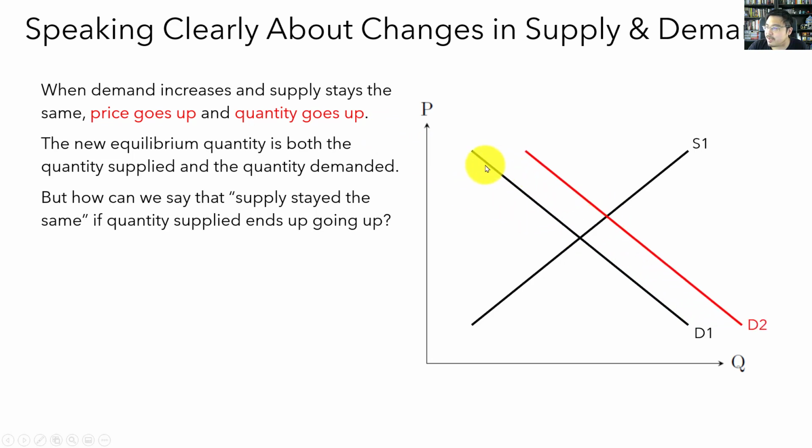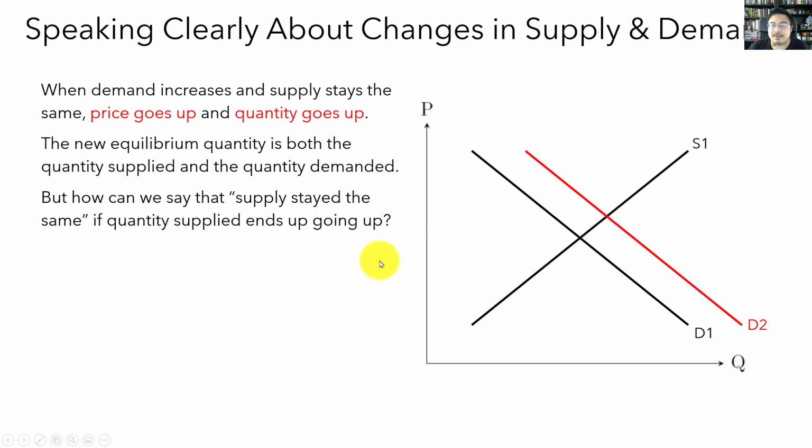Demand increases, supply stays the same, price goes up, and quantity goes up, right? And so equilibrium quantity went up, and that means that both the quantity demanded and the quantity supplied actually went up in the new equilibrium, right? Because in the equilibrium, quantity supplied is equal to quantity demanded, okay?